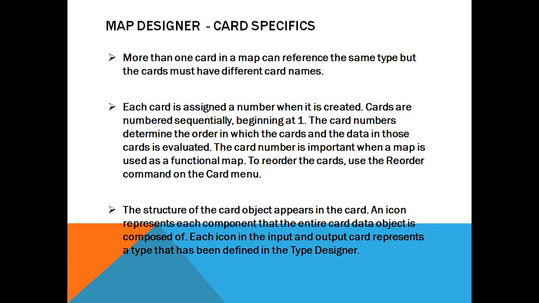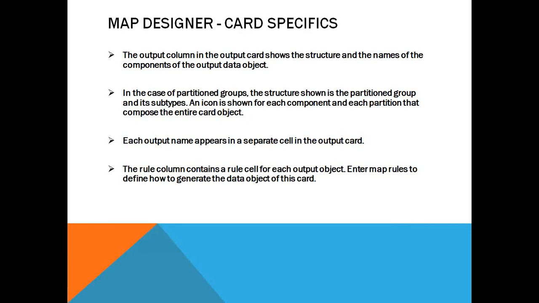Item is a rhombus. Group is a circle. Choice means the color changes for the second circle. Unordered is followed by a rectangle. So each data object is differentiated using the icons. Similarly, in the case of a partition group, the structure is shown with an icon for each component. After the partition group, there will be multiple components.